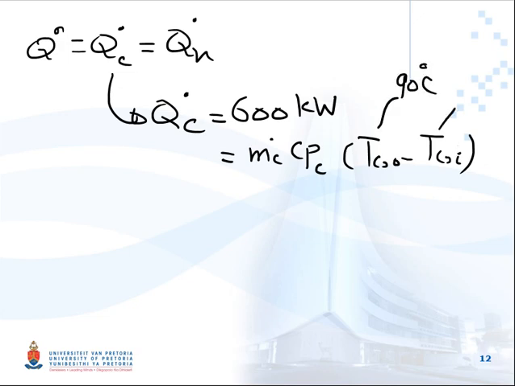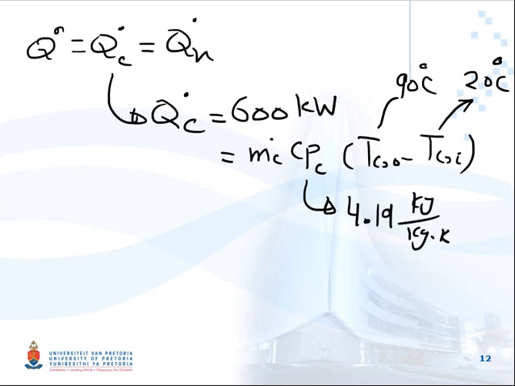Tc in, the cold inlet, yes, we have it, 20. Cp of water, we have it. Kilowatt we can write as kilojoule per second.